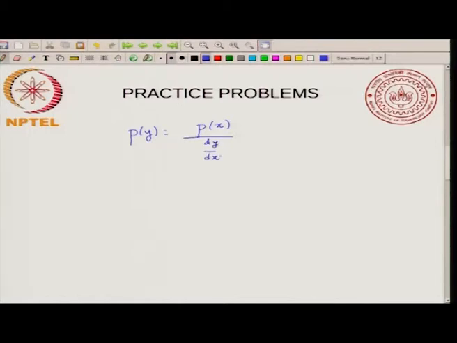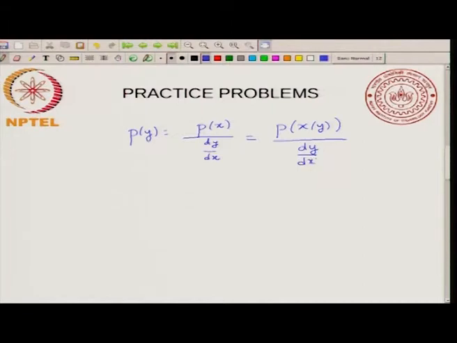Now, this equation is actually a little misleading, because in this equation you are supposed to write x as a function of y. So, I should actually write this as p of x of y. Wherever I have x in the expression for p of x, I replace it by its expression in y, divided by dy by dx, and again dy by dx should be expressed as a function of y.